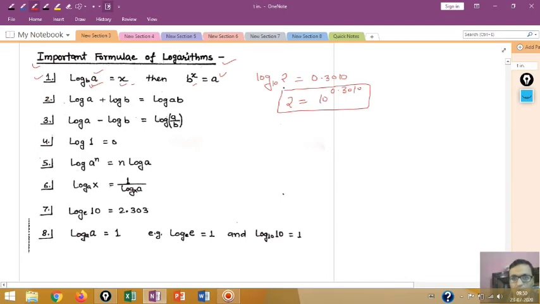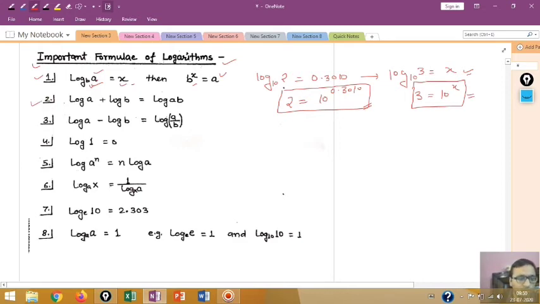Or if someone writes, for example, log base 10 of 3 equals x, then it means 3 equals 10 raised to the power x. By solving this, you can calculate the value of x. Such functions are easy to solve with logarithms, and you can also solve this by calculator and get the same expression.